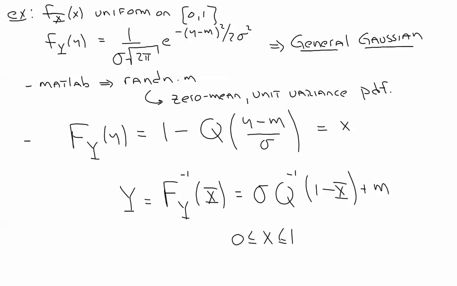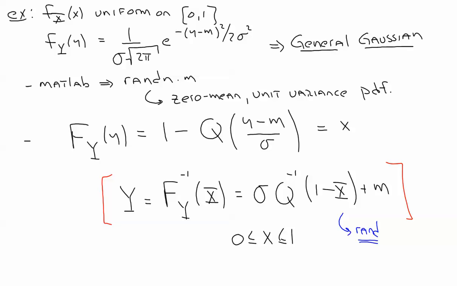This is the final result for this example. If I use the rand function, for example, in MATLAB and create 10,000 data points or 100,000 data points and apply this transformation function for an arbitrary general Gaussian with any mean and standard deviation or variance, then I can get y, which is distributed according to that general Gaussian function.